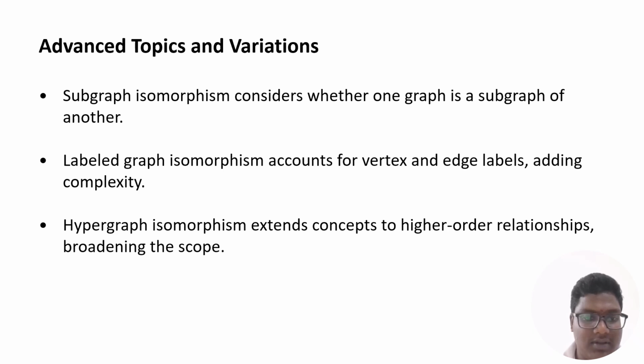Labeled graph isomorphism accounts for vertex and edge labels, adding complexity. Hypergraph isomorphism extends concepts to higher order relationships, broadening the scope.